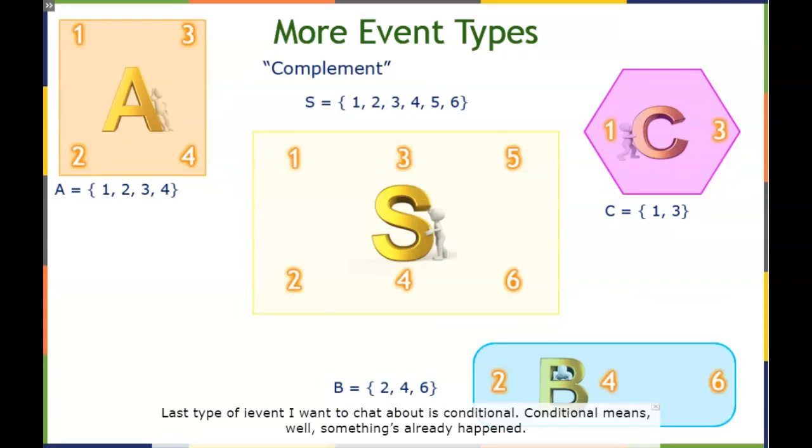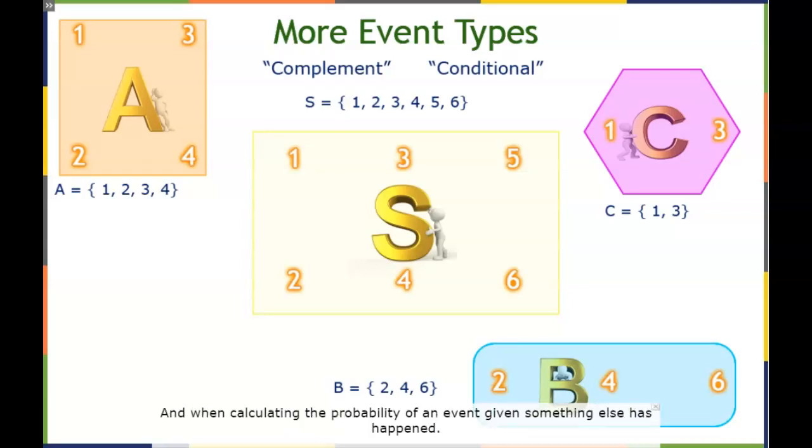The last type of event I want to chat about is conditional. Conditional means, well, something's already happened. And when calculating the probability of an event given something else has happened, it is this. I'm going to put together A and B for this instance.